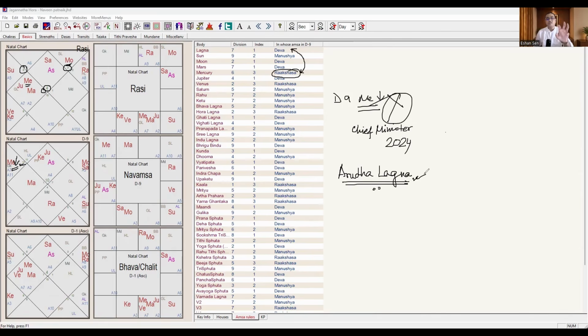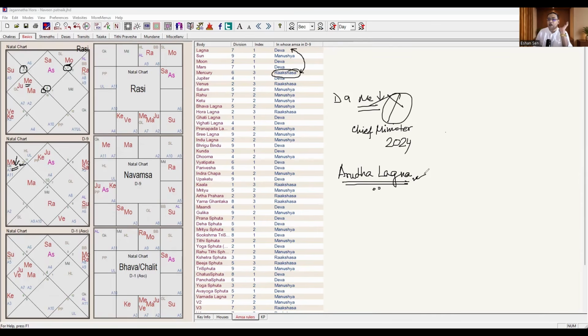How the world sees you. For example, someone is a very wicked, very cruel person, and he always wears an orange cape with malas and does japas. The world thinks that he is a sadhu. That is his Arudha Lagna. What the world sees him as, a sadhu. But inside, he is a very cruel person.